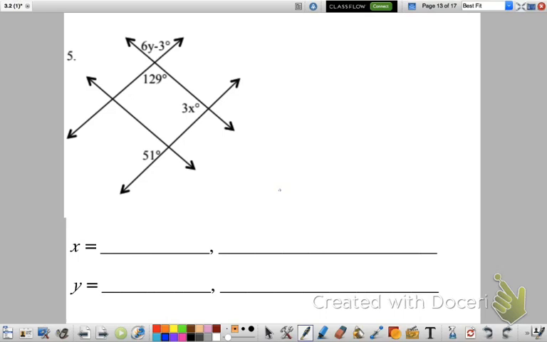The way this quiz is set up is it is like an essay form. So on line 1, let's say we're looking at number 5, you're going to type in x equals what number you get, comma, and your reason. Enter, so you go to the next line, y equals number, comma, and your reason.